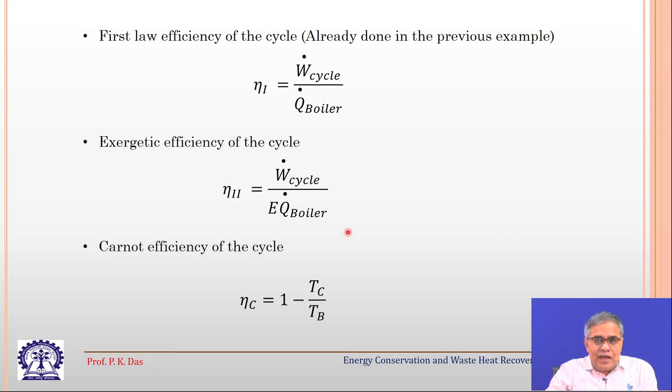And then we have idealized the cycle, as if heat is being transferred from a constant temperature source at 1500 K and heat is being rejected to another low temperature sink at 300 K. So, if we assume that for this idealized cycle we can have the Carnot efficiency, 1 minus T cold by T boiler, or 1 minus T condenser by T boiler, and then putting the values of temperature we can find out this efficiency.